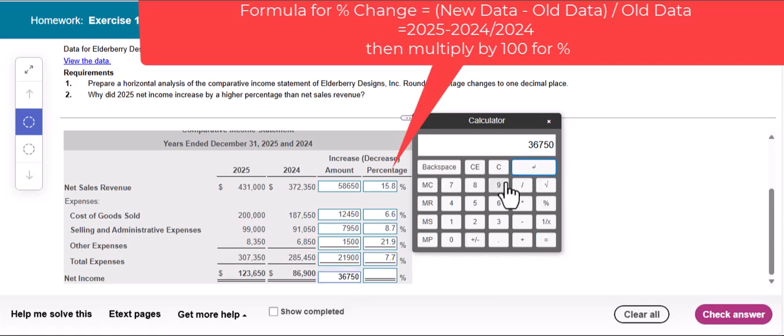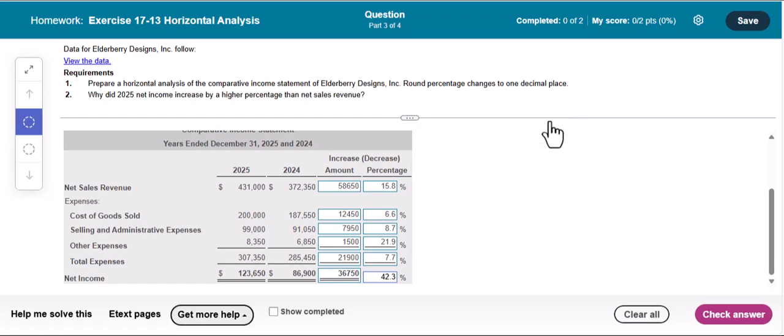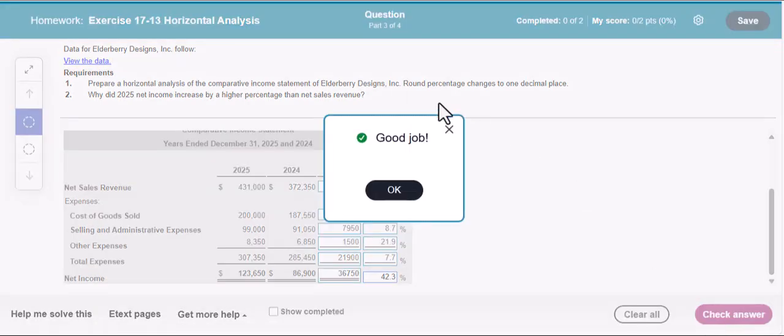And then again, to get that percentage, we'll divide by the old year's amount. And so that ends up being 42.3%, because we are rounding again to the first decimal place after this is a percentage. Okay, let's close out of this here and check our answer so far. Good job. Okay, so now we're on to requirement 2.